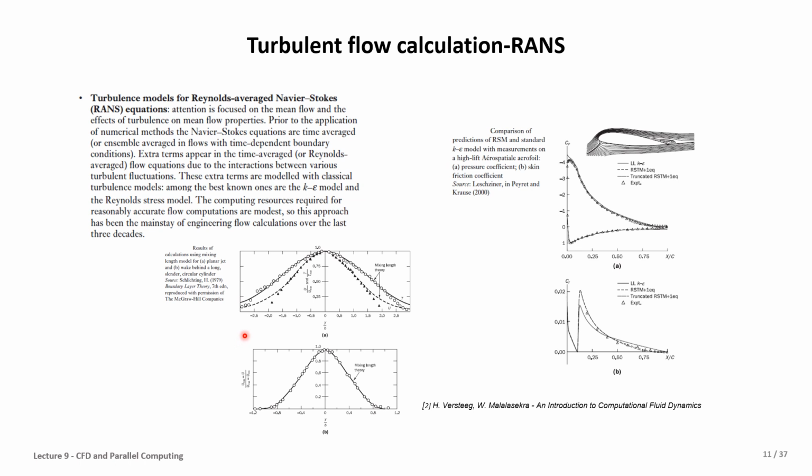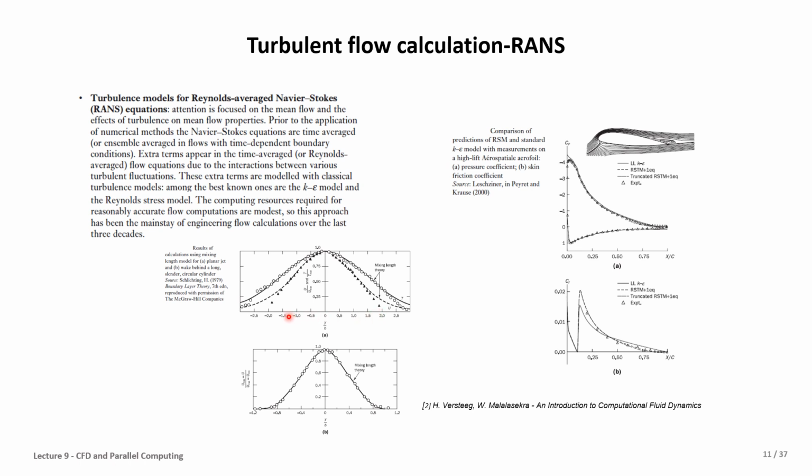The lines here are for the solution from RANS, and the empty circles and triangles are from the experiment. We see that for the specific range, the result from RANS matches the experiment. But when we go out of this area, they do not. So that means RANS for some specific ranges could be successful, and we can apply it.